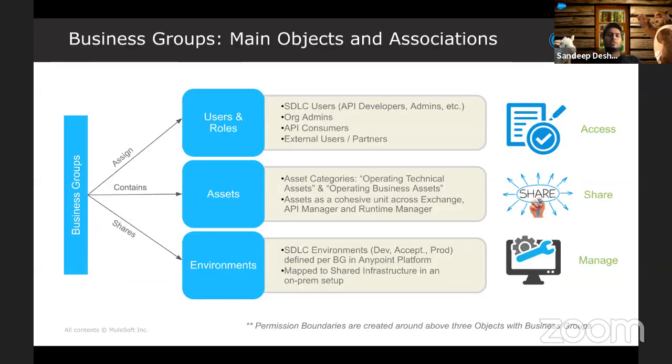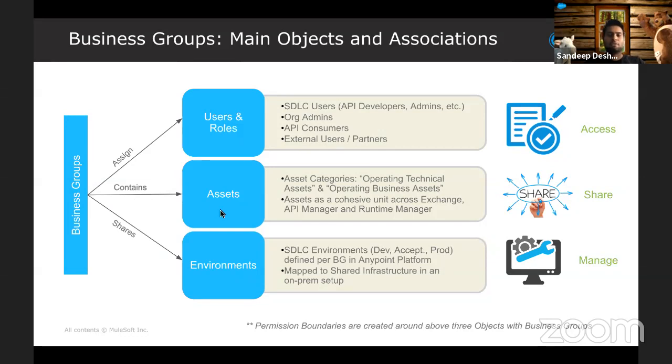Each business group will have different users and roles. A role in one business group is not automatically copied to another business group. So you have to create another role whenever you are managing permissions for a different business group. Next, each business group will contain assets.